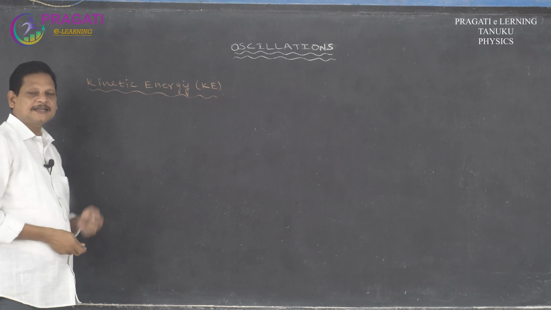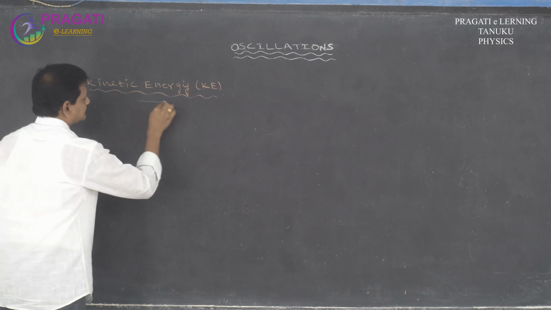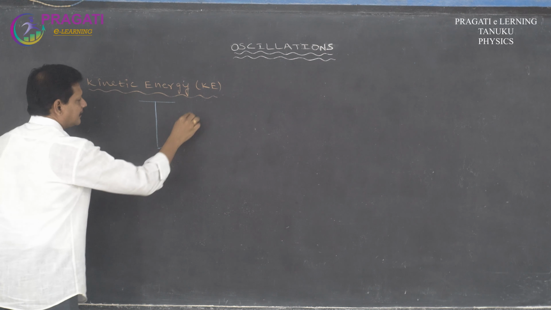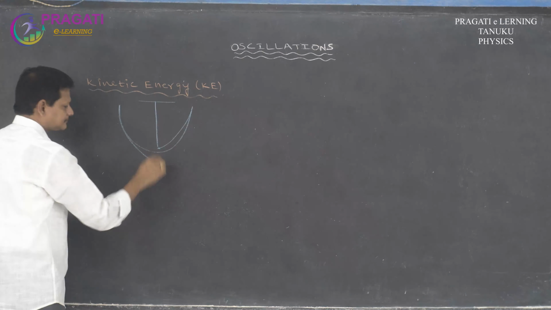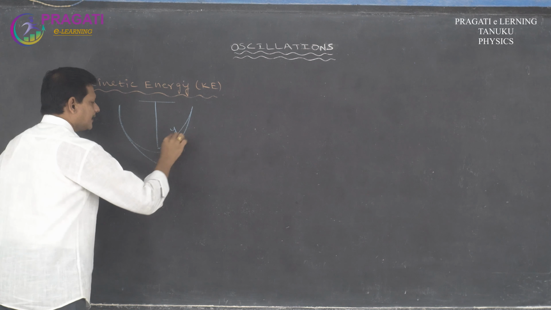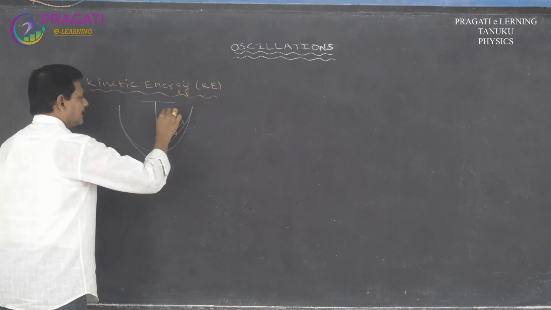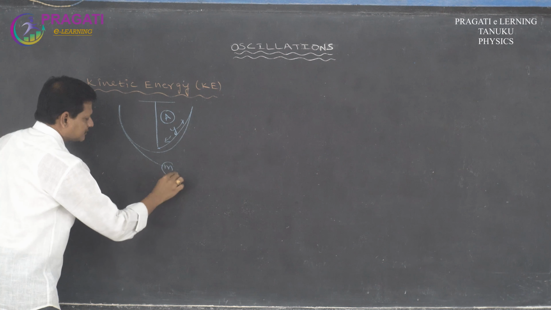Let us consider a particle executing simple harmonic oscillations. Let y be the displacement at any instant, A is the amplitude, and m is the mass of the particle.